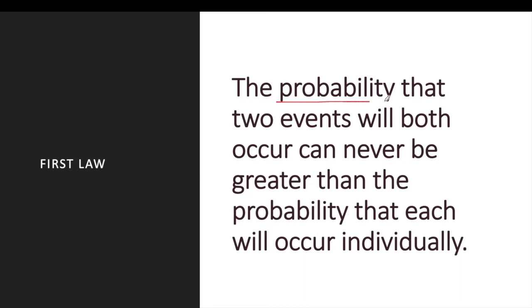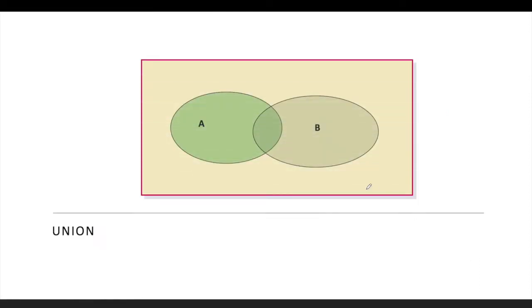The probability that these two events will both occur can never be greater, meaning smaller, than the probability that each will occur individually. So for both A and B to occur will never be greater than the probability of A and the probability of B individually. So that is meant by the first law.